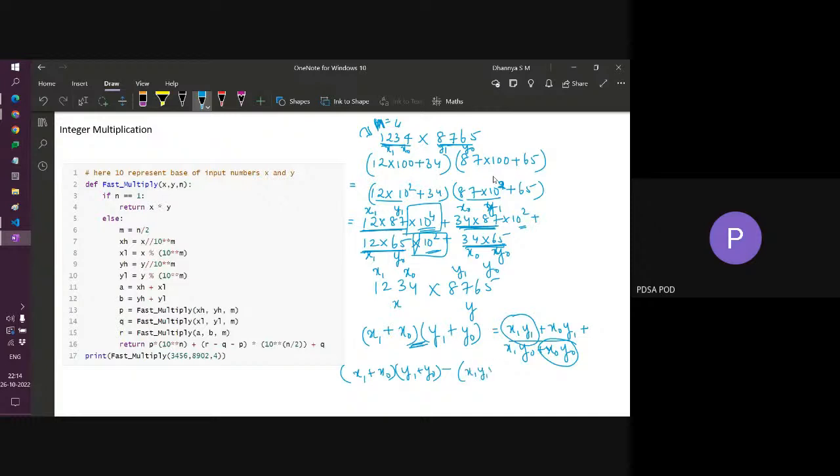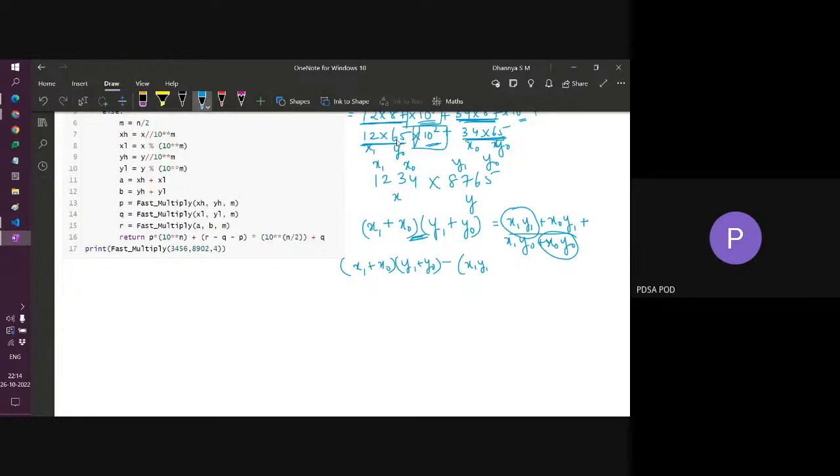So x1 y1 plus x0 y0 is equal to x1 y1 plus x0 y1 plus x1 y0. Is this rearrangement clear? I'm just having this one and bringing this and this to the left hand side.